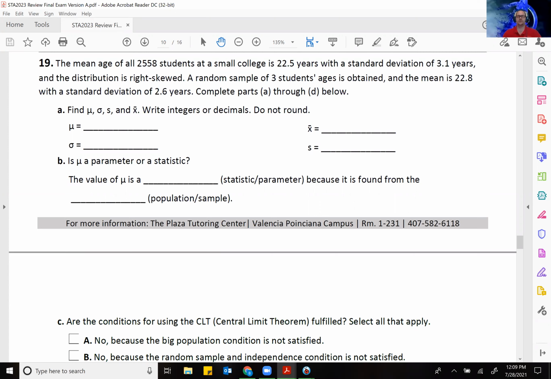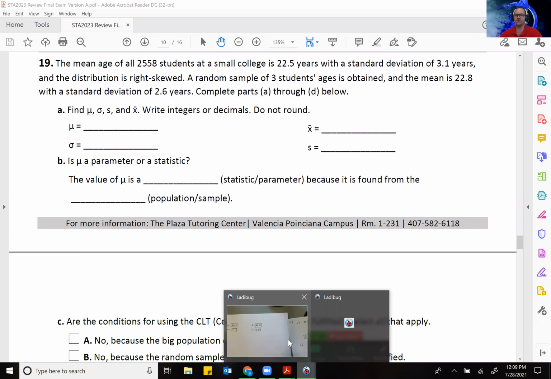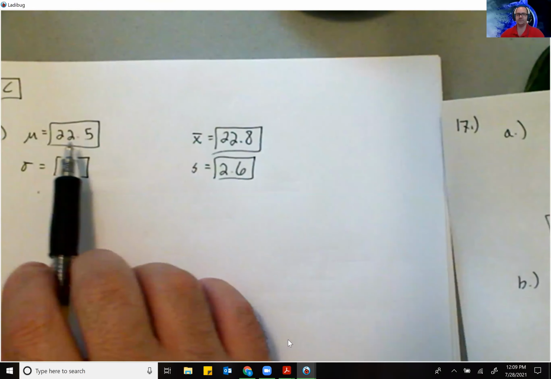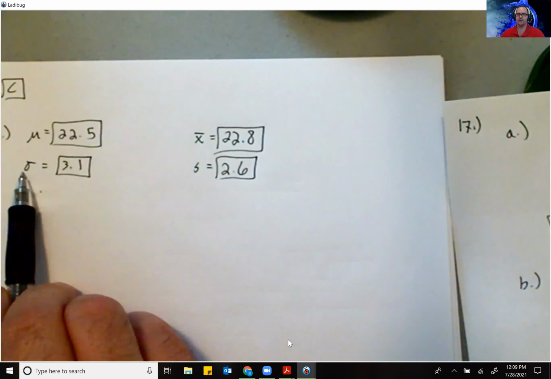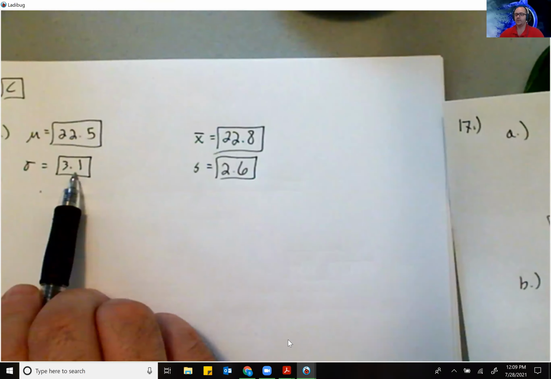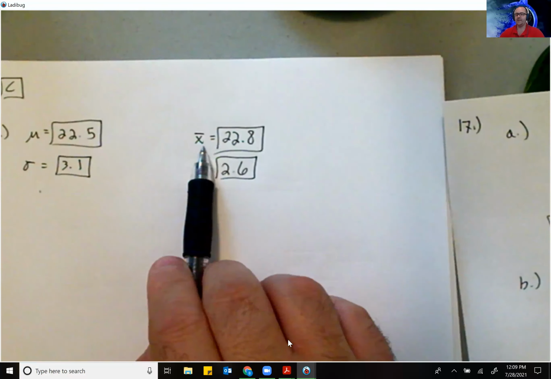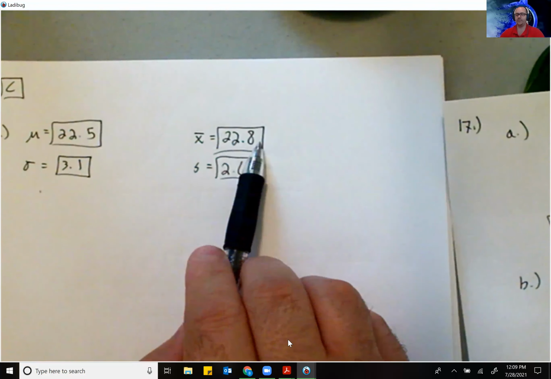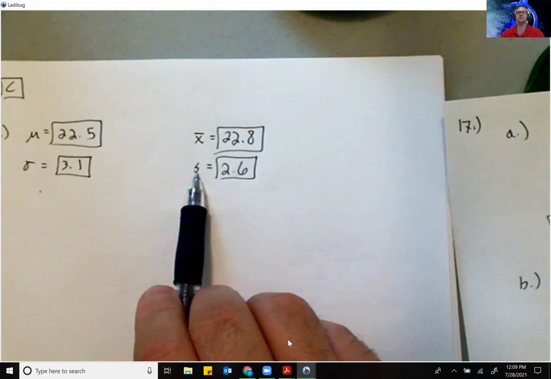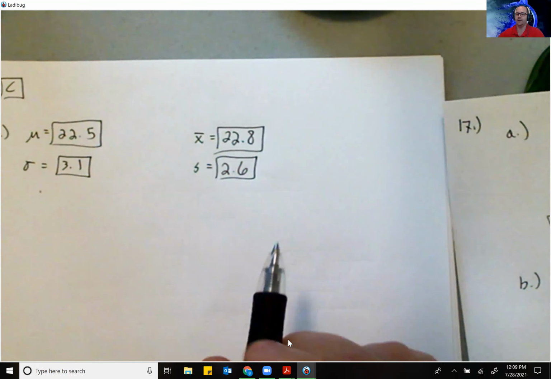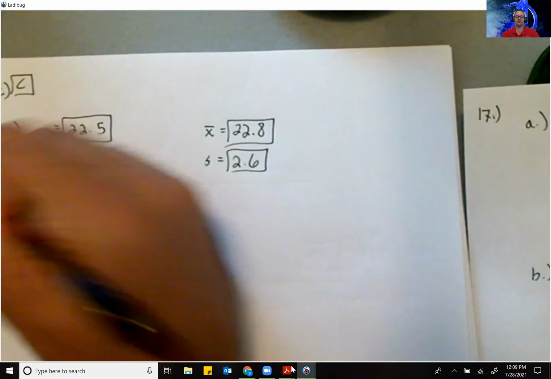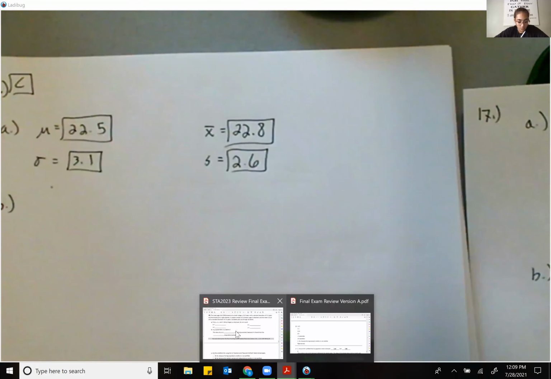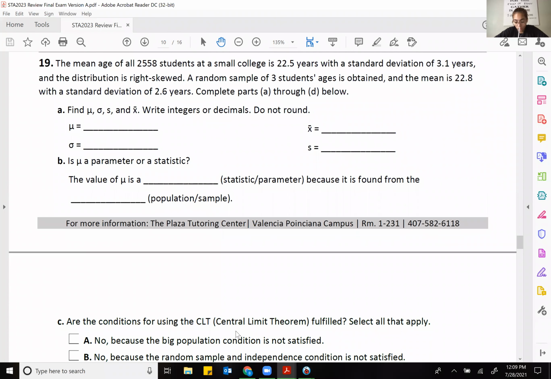Good. So again, if you didn't catch all that, this is what it looks like when filled in. Our two population parameters, mu 22.5, sigma 3.1. X bar is our mean, which is 22.8 of the sample, and our standard deviation of the sample is 2.6. All right. Continuing on. B. Is mu a parameter or statistic?